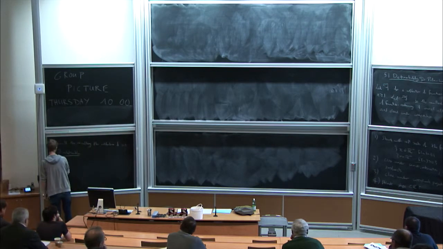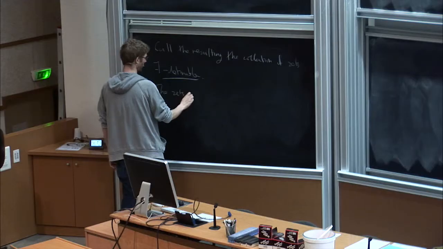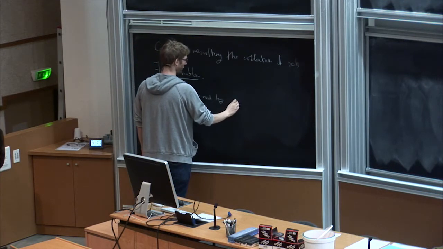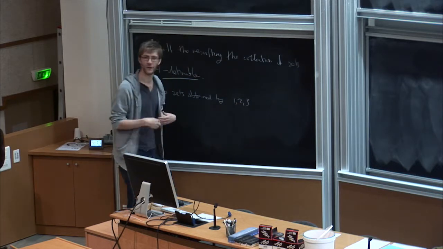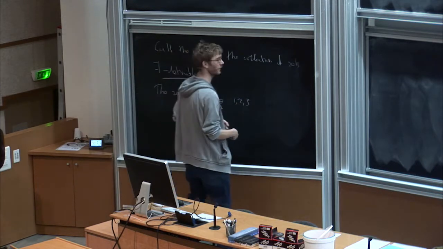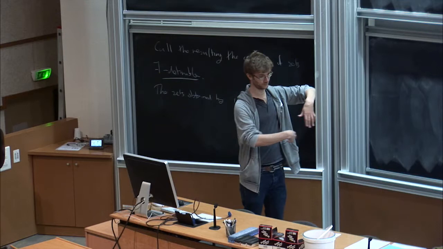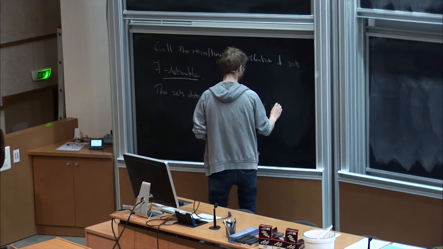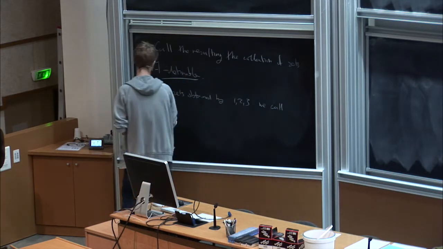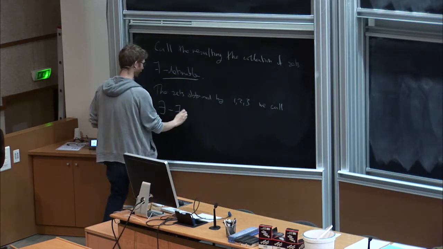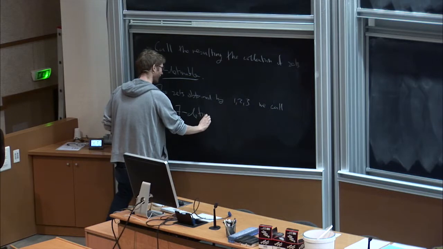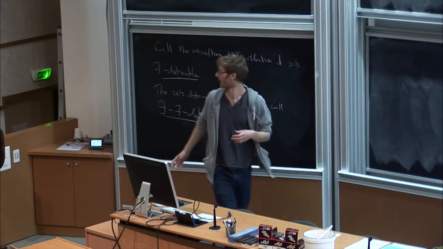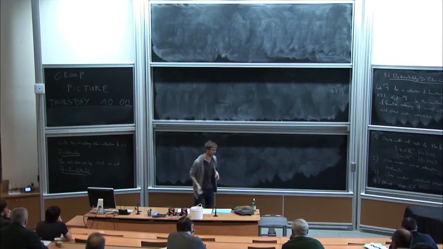So the sets obtained by 1, 2, and 3, but never iterating. So we can take arbitrary numbers of projections, but we call them existentially F definable. Sorry, horrible notation, but you'll probably never see it outside of this talk.